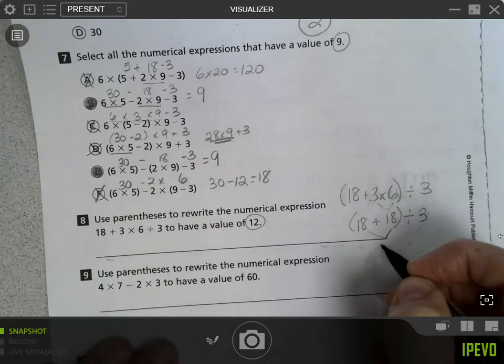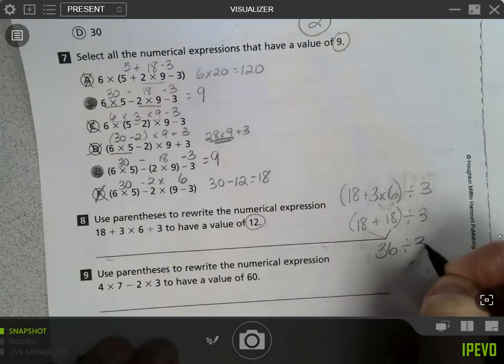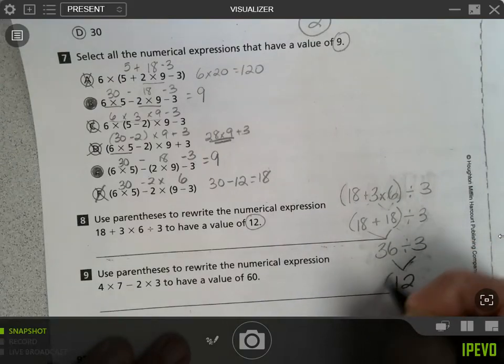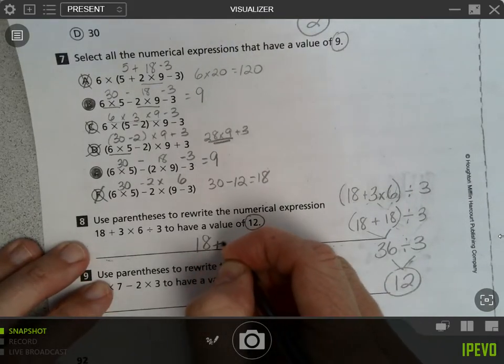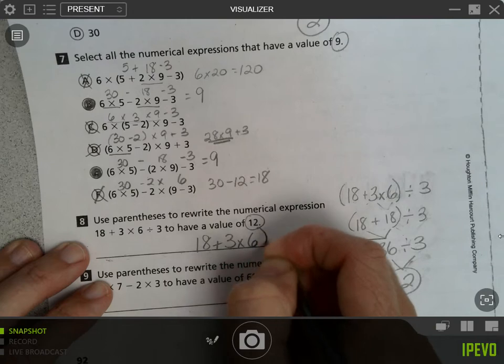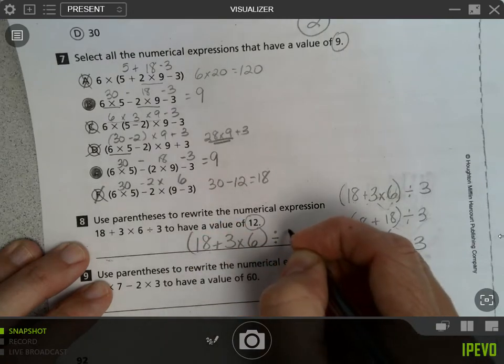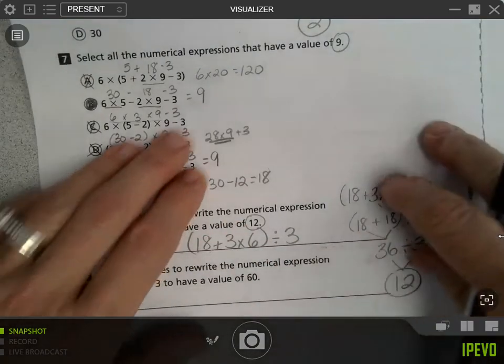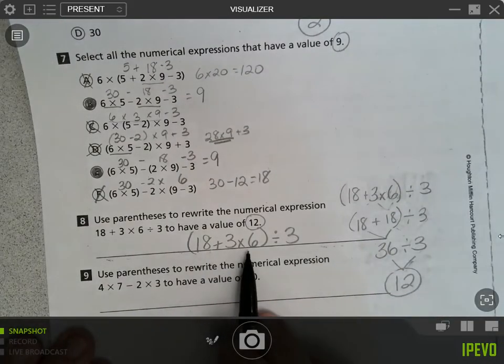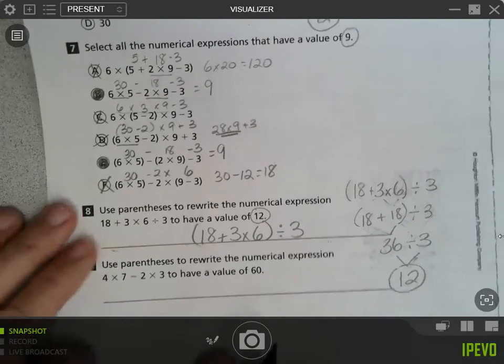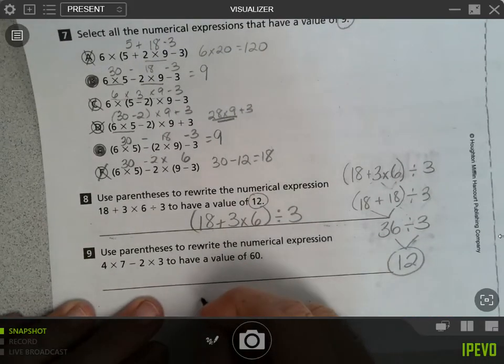So I'm going to backtrack a little bit, catch my own mistake and make my brain grow, and then I get the right answer. So this first part of the expression would be in parentheses. 18 plus the product of 3 and 6, and then divide by 3. All right. Whew, let's try the next one.